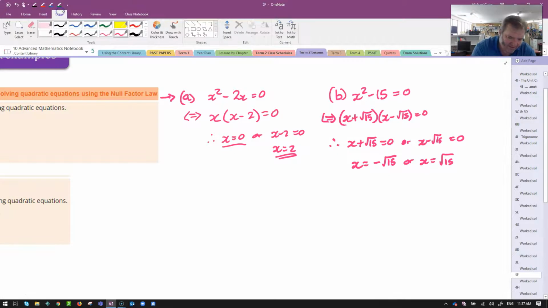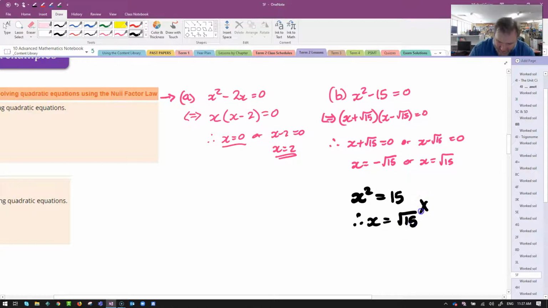Warning! Too many of you will be tempted to do this: x squared equals 15, therefore x equals root 15. It's a dodgy method because more often than not, people only remember the positive square root. x could in this case equal plus or minus the square root of 15, as we can see from our working above.